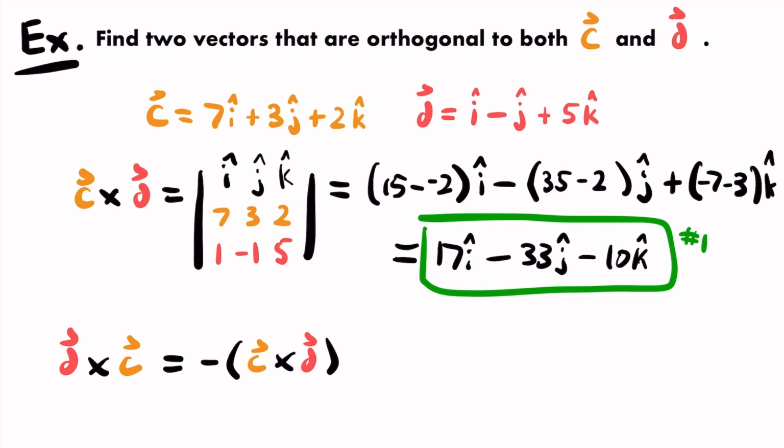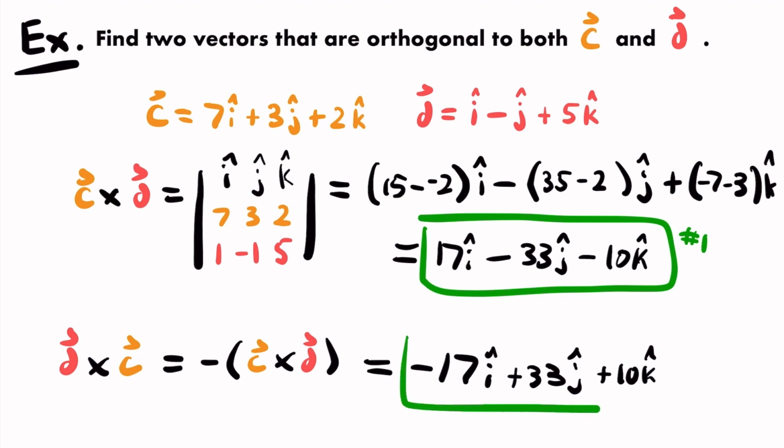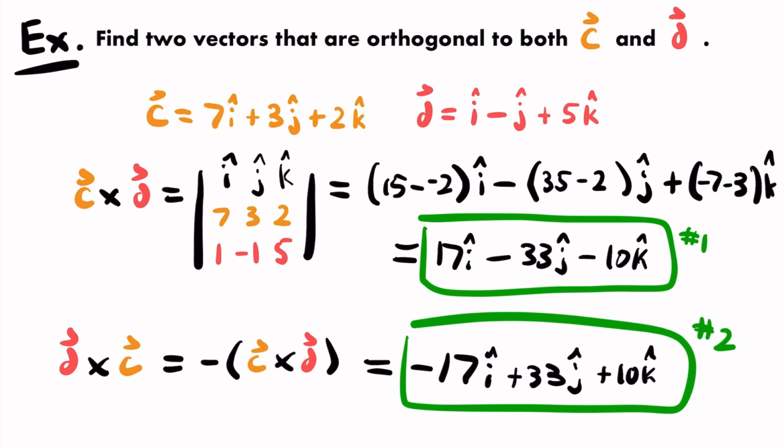And so if we do that, we will get the following vector of -17i plus 33j plus 10k, right? We just reversed each of those signs. So 17 became -17, -33 became +33, and -10 became +10, all right? And so that is the second vector that is orthogonal to both C and D. And there are no more after that. That's it. Okay? Let's take a look at one more example for this video.